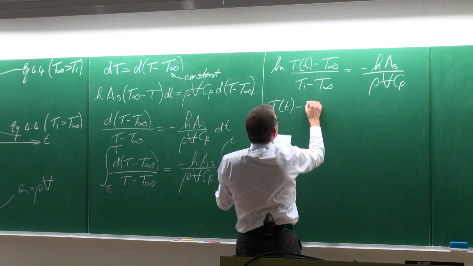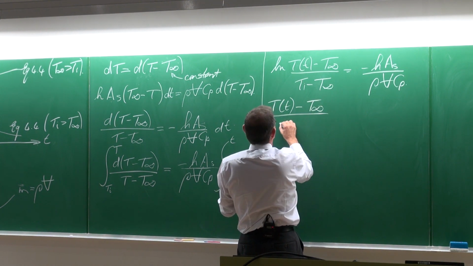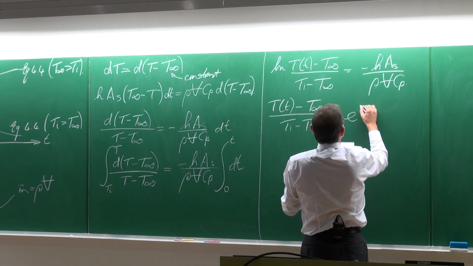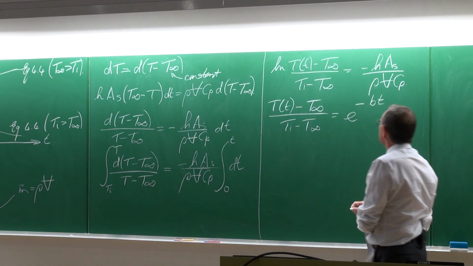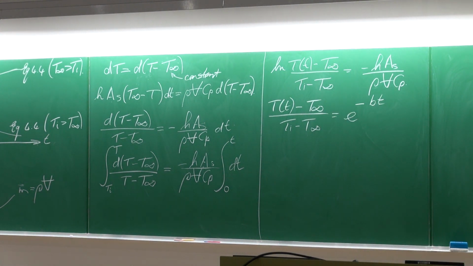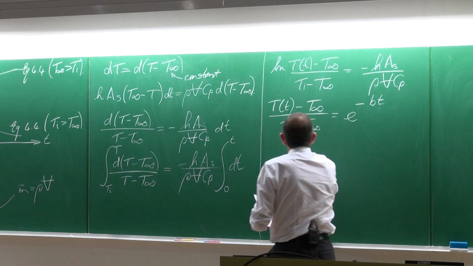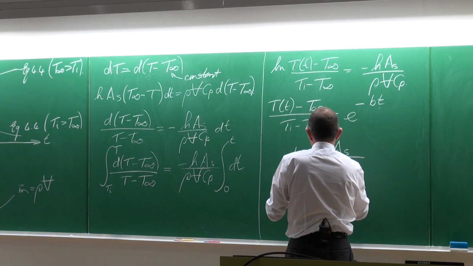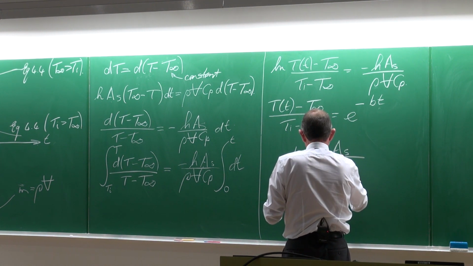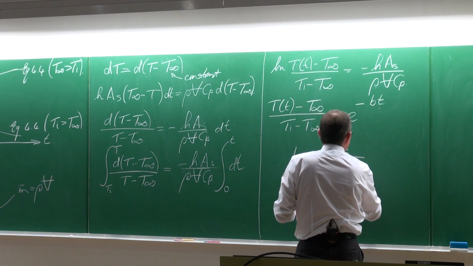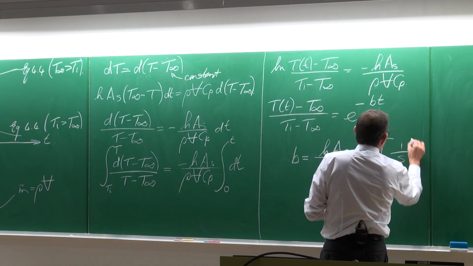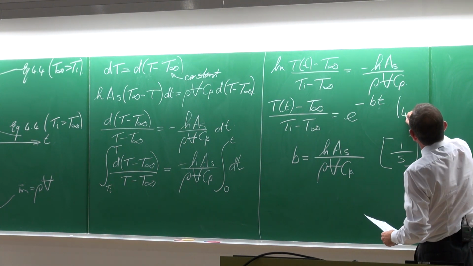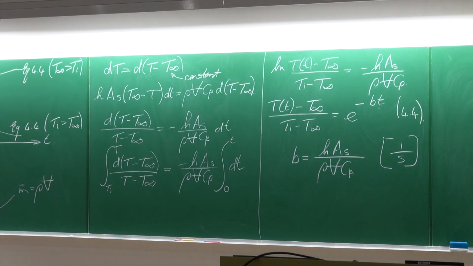So the temperature distribution divided by Ti − T∞ is equal to e to the minus bt. Okay, b is just a constant, which is equal to the heat transfer coefficient times the surface area, divided by the density, the volume, and the Cp, with units 1 divided by second. And this is the equation 4.4 that we've been referring to.